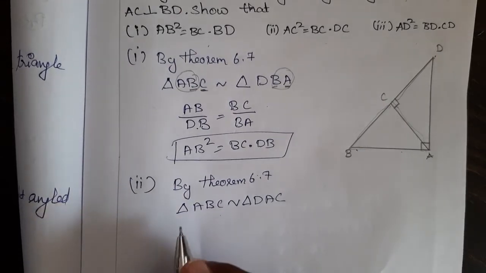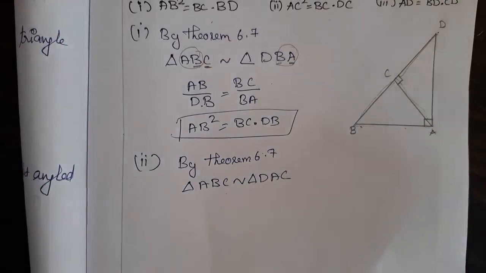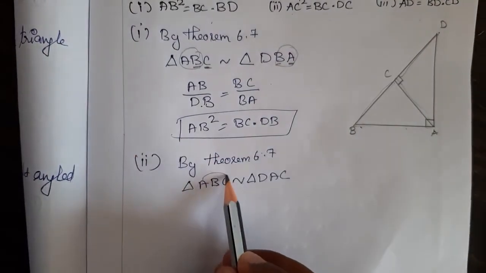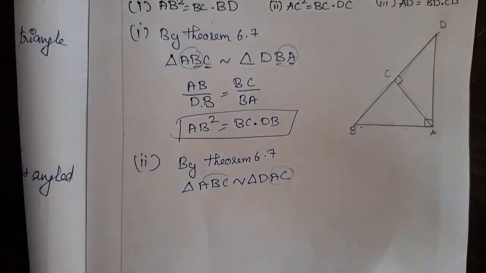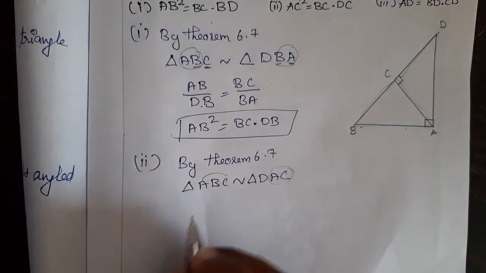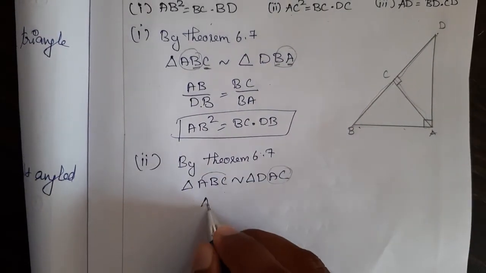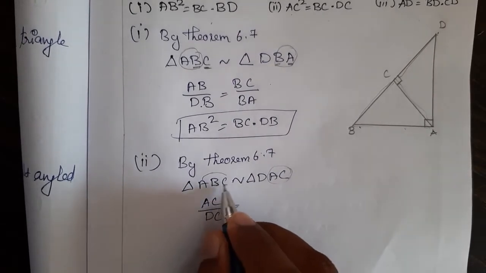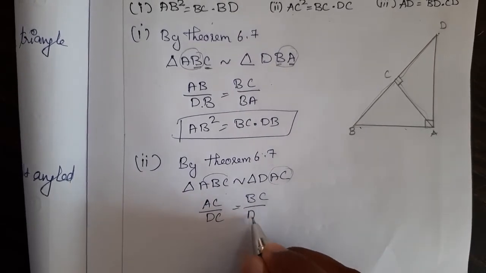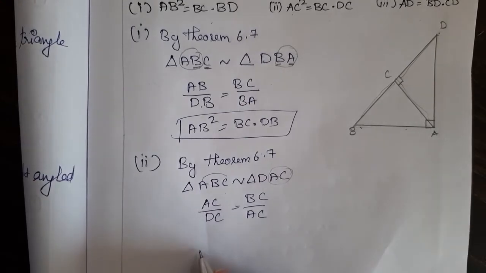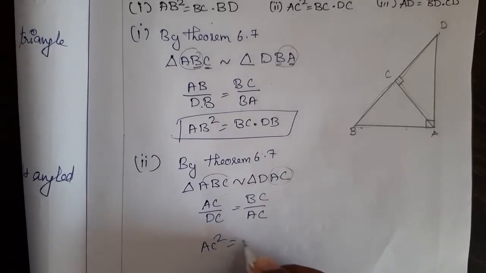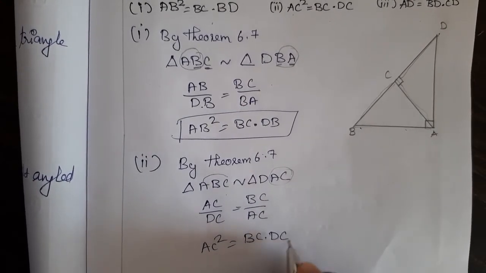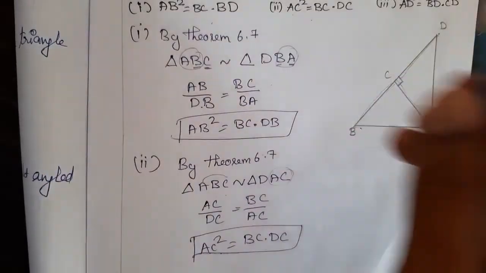So with that we are writing. Then which one do we need? AC, right? AC square. So first and last, and here last two. So first and last is AC divided by DC, which is equal to the last two, BC divided by AC. So if you take it, AC square is equal to BC into DC. That is what we have to prove here.